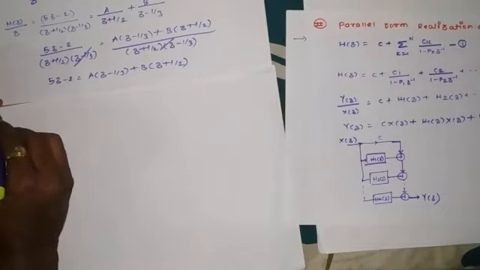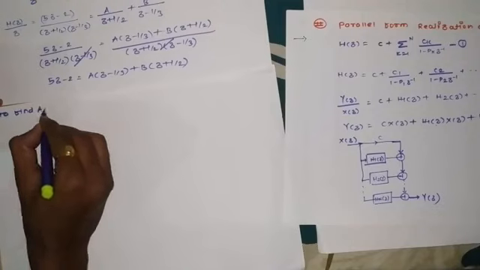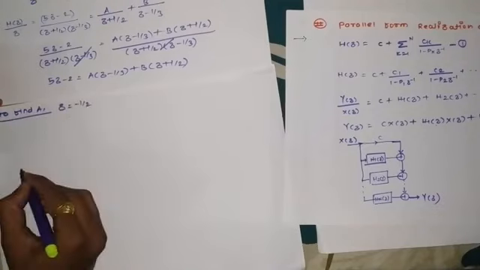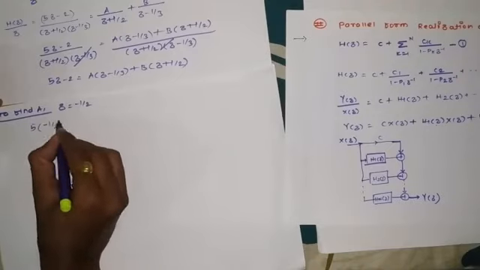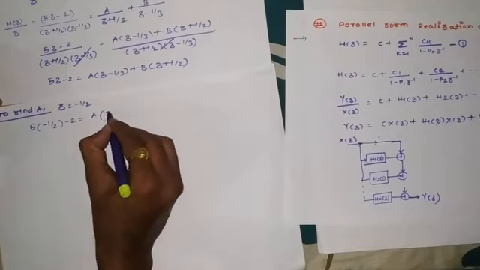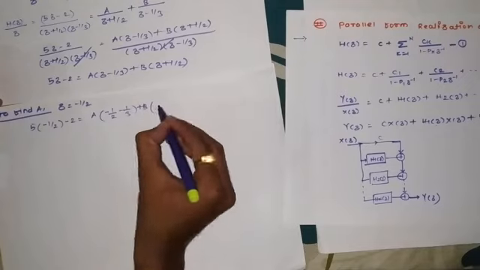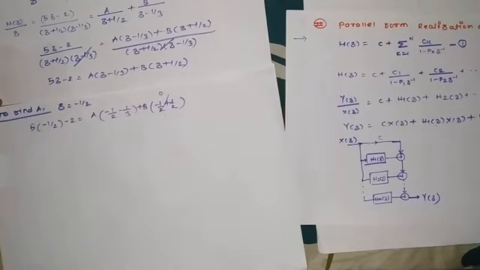That means to find A, we'll consider z is -1/2. So 5 into (-1/2) - 2 is equal to A into (-1/2 - 1/3) + B into (-1/2 + 1/2). Definitely this term is going to be 0.